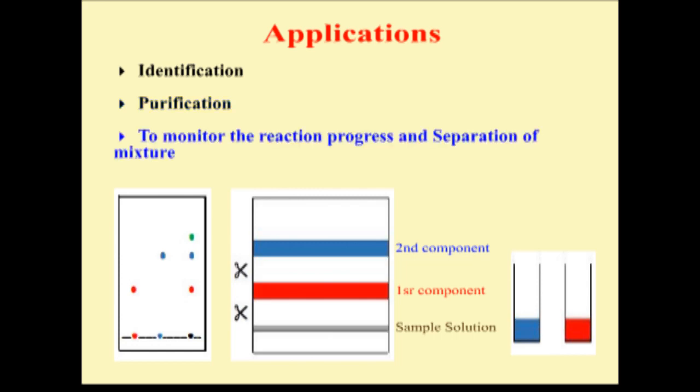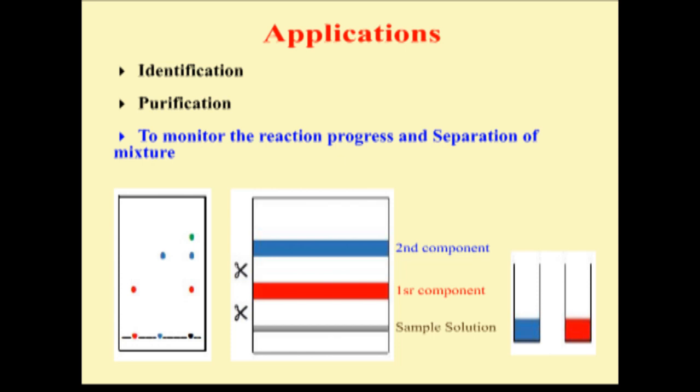To monitor the reaction progress, you can see that in this TLC we have three components. Number one, that is one reactant. Number two, that is another reactant, and they travel at different distances. Number three is the mixture of these two, and suppose we carry out one reaction using these two reactants, then what will happen?